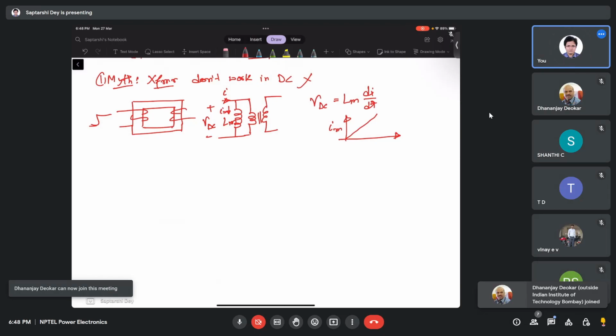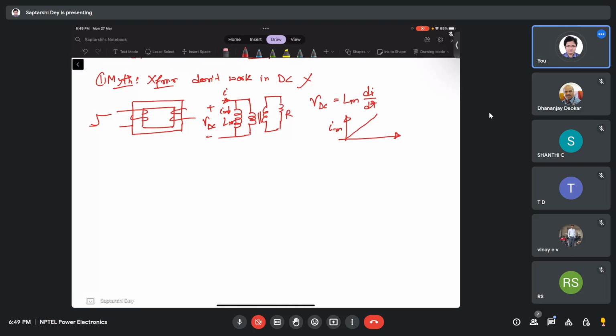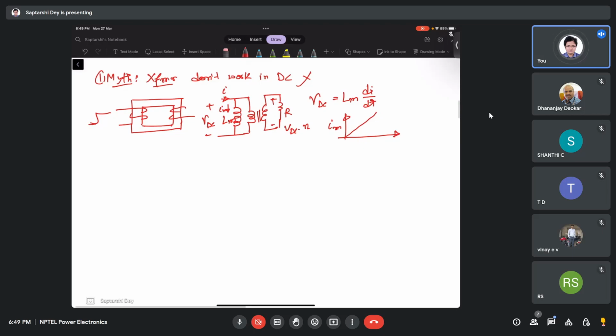Now if you connect a resistance R here, whatever VDC times the number of turns will appear here, and for an input voltage of VDC we will perfectly get an output voltage of VDC with a transformer. So transformers do work with a DC supply, but the problem is with this magnetizing current Im.